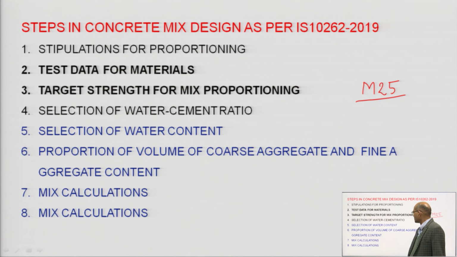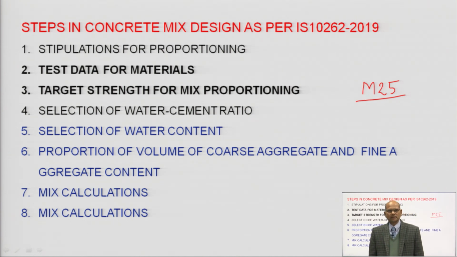Okay. Then we have the selection of water content, that is, what should be the total amount of water in 1 meter cube of concrete. Then the proportion of volume of coarse aggregate and fine aggregate. Then we have to do the mix calculation.